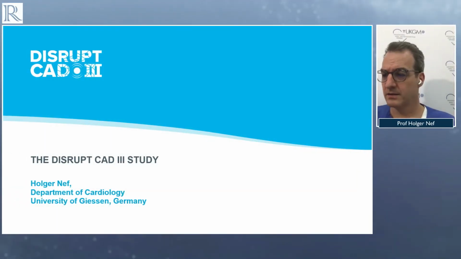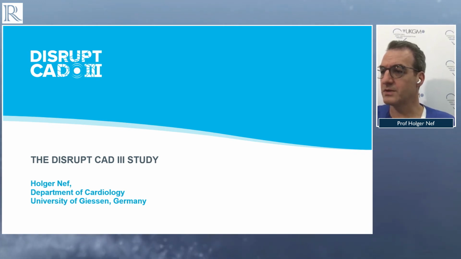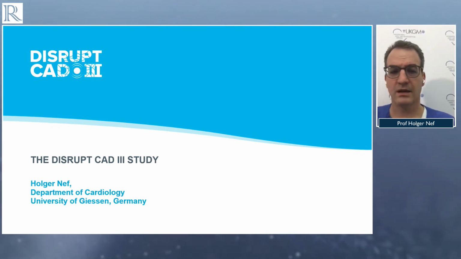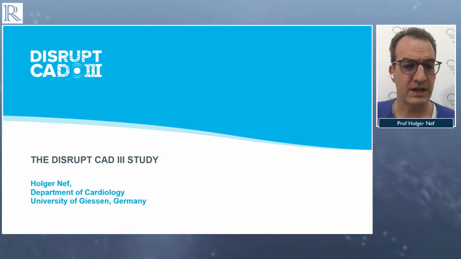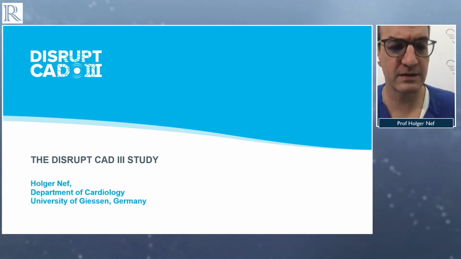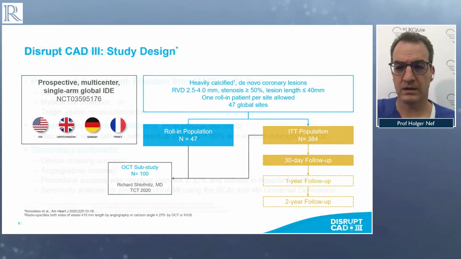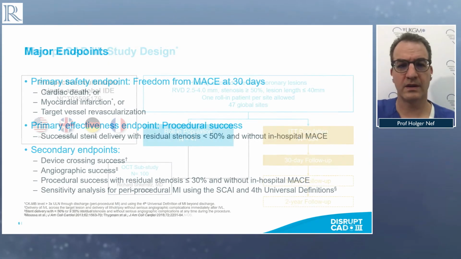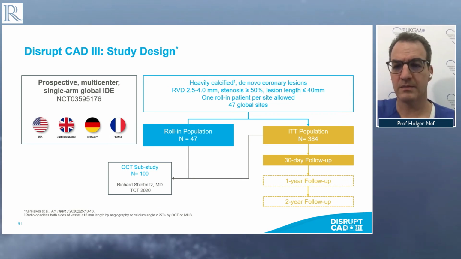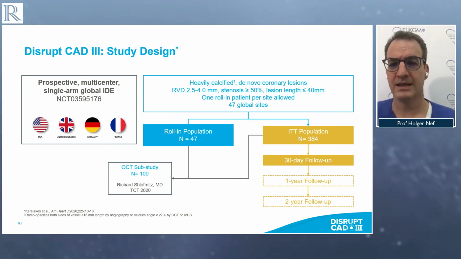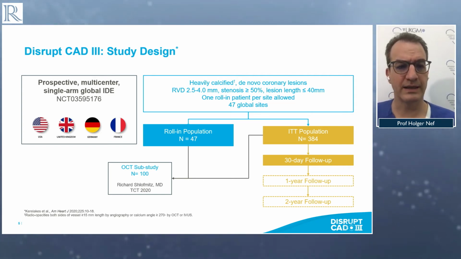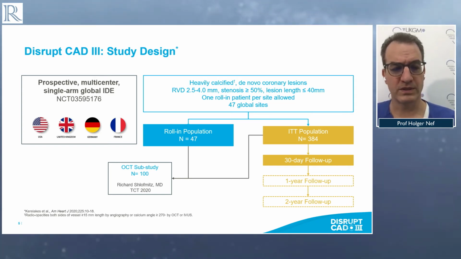Yeah. See you. So now I'm happy to present you the results of the Disrupt CAD3 study. So the Disrupt CAD3 trial was a prospective multi-center single-arm global IDE trial, which was performed in the US, UK, Germany, and France.